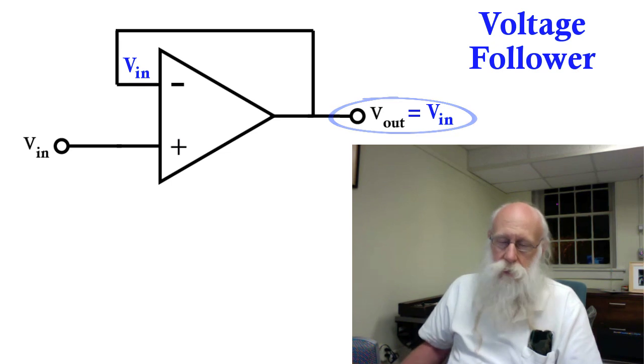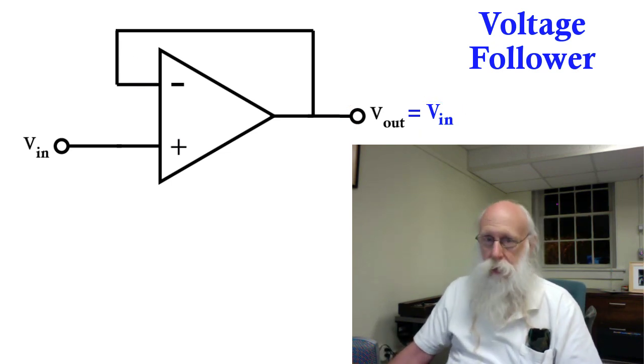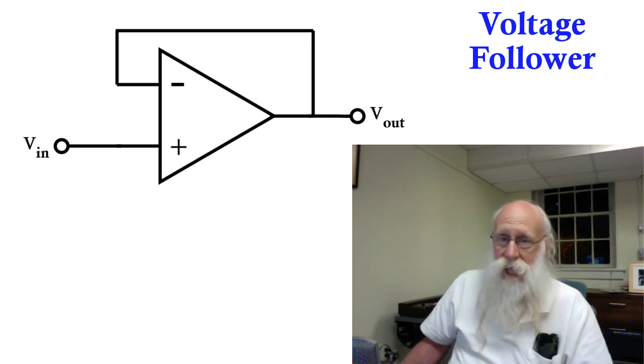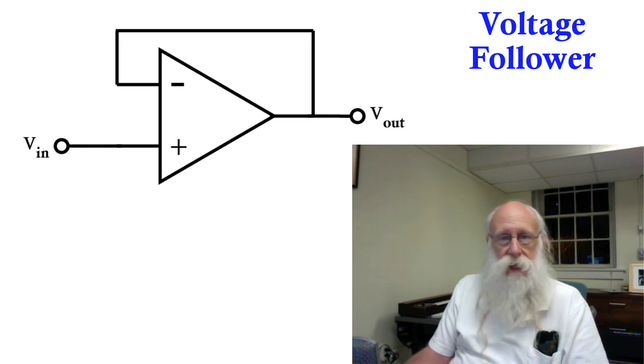You say, well, this is pretty stupid. Why in the world do I just need to make a copy of the voltage? What good does that do? Well, what good that does is this allows you to buffer a voltage.